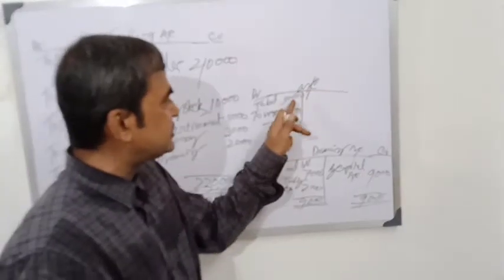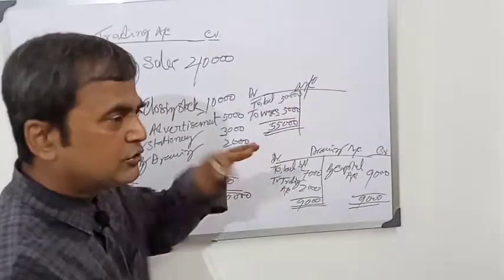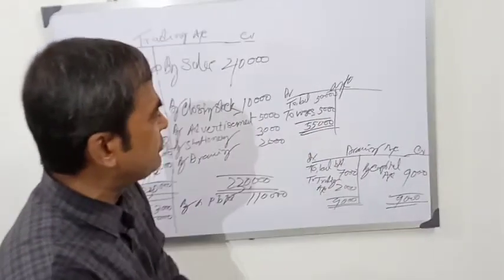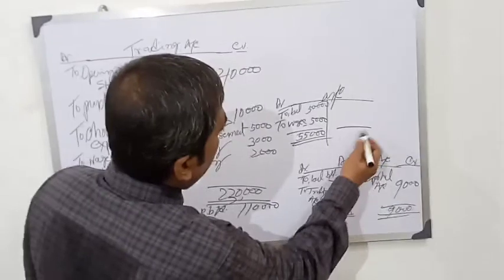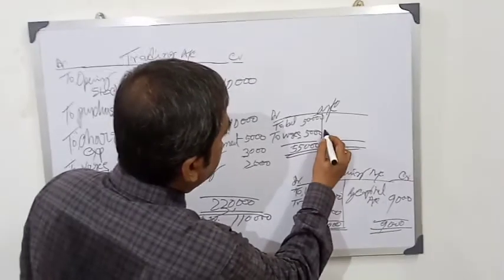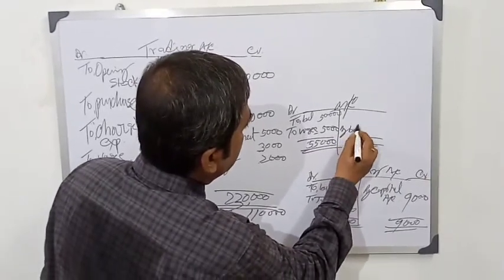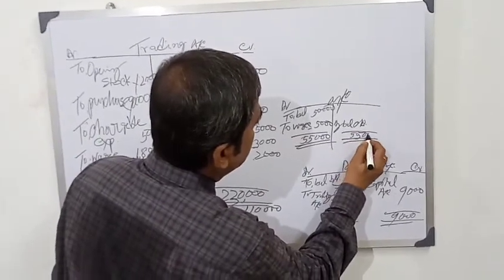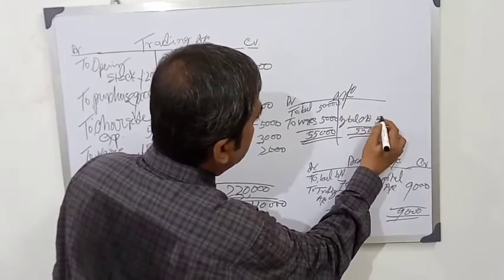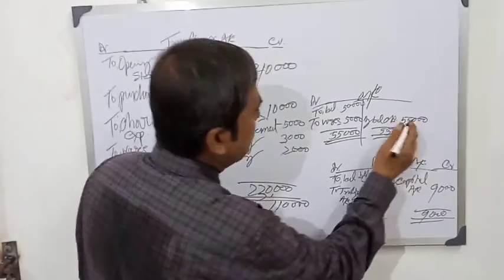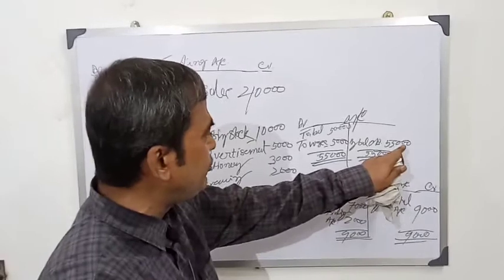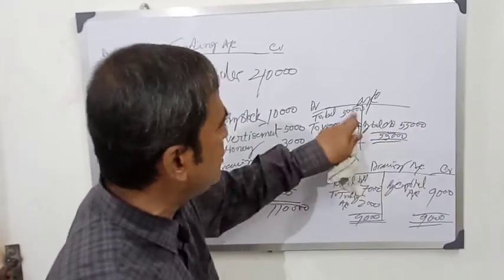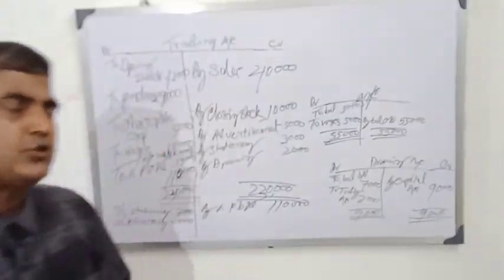Machinery actual purchase cost is 50,000, but wages you also paid for installation, 5,000, so it becomes 55,000. So by balance carried down, this 50,000 plus 5,000, 55,000 is the balance. Now you have to charge depreciation on this 55,000, not 50,000. That is to be understood.